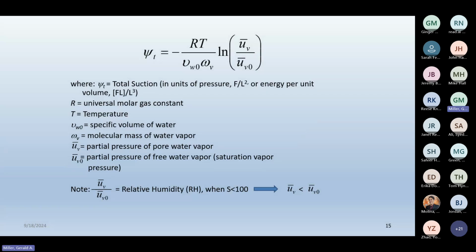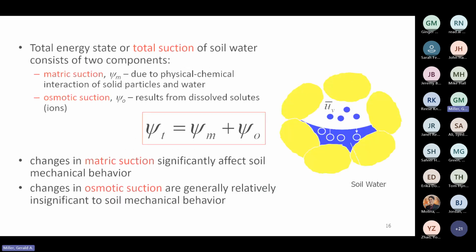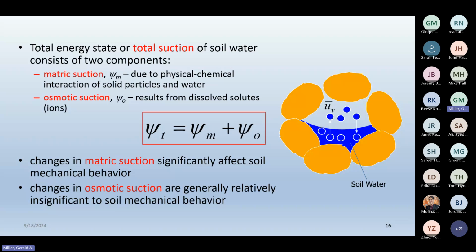Now, total suction is not matrix suction. And this is important to realize, because if we're measuring total suction, we can't assume that that is the matrix suction unless there happens to be no salt or chemicals in the water. If it's pure water, then total suction equals matrix suction. But the presence of salts affects the energy state of those water molecules.